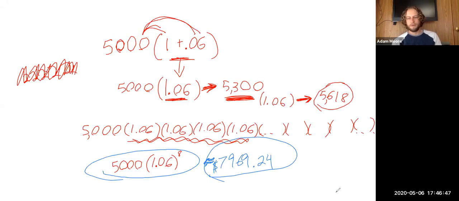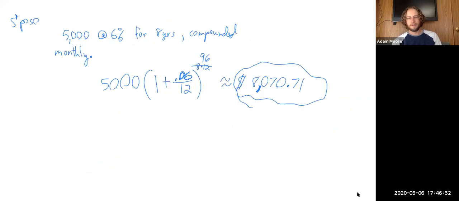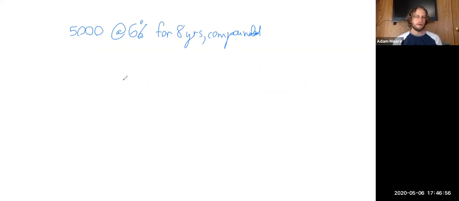Once a year it was 7,900, then it was 8,050, then it was 8,070. What if I started compounding this more often? What if I checked on my money every day, or every second of every day?